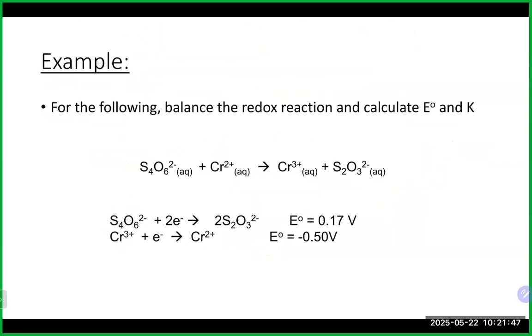Okay. Then I think we left off on this one here, so why don't you give it a go? Forget the balancing part, just do the E and the K part of it. Then we can see this guy's going from +2 to +3, becoming more positive. So this guy's going through oxidation, which would mean that is my anode.